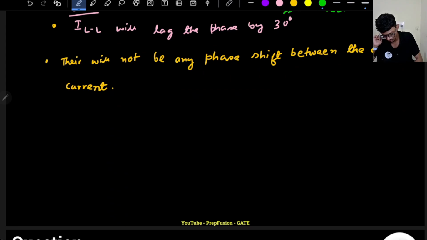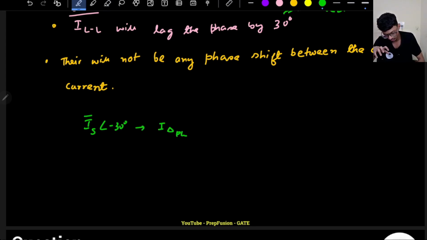This statement basically means that IS will lag the coil current of the delta by 30 degrees. So basically my IS will lag the coil current of the delta by 30 degrees. So IS will be minus 30 with respect to the delta current of the phase, right?